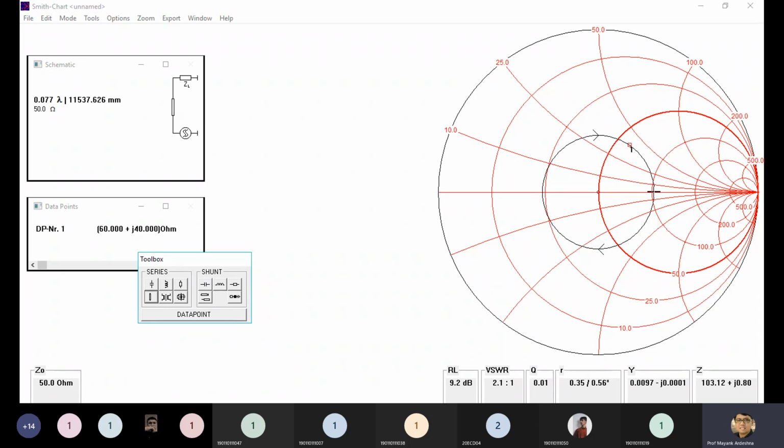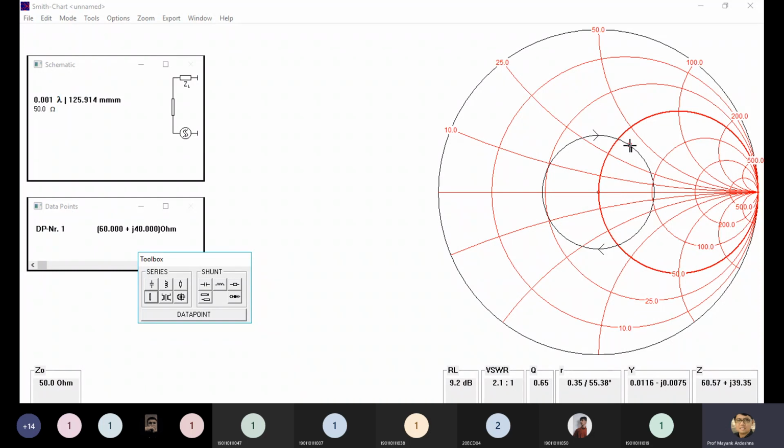Clear? So what exactly do you have to do from this particular point? You have to move by 0.33 lambda. Starting with this point, the initial value is almost 0, you can see 0.003 lambda.